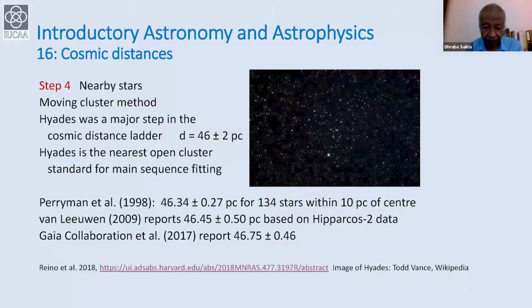So you can see that this moving cluster method provides another important way of trying to measure distances, and obviously with more later space missions like Hipparcos and Gaia, you could try and validate and check what you have got from the moving cluster method as well.